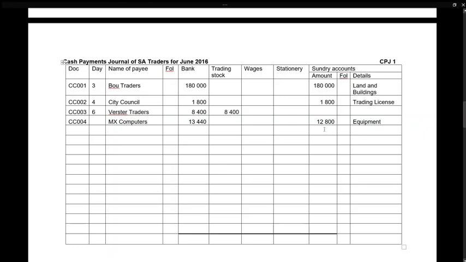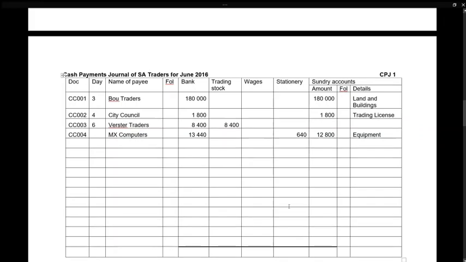Computers will form part of equipment in this business, and stationery of 640 Rand. Remember, accountants most often use stationery. Seems like this business buys a lot of stationery to operate.